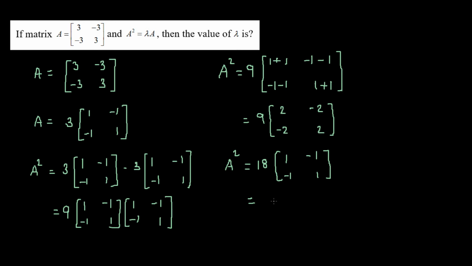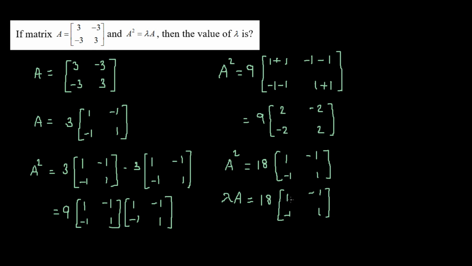Okay. Now it's given that A squared is equal to lambda times A, which is equal to 18 times [1, -1; -1, 1]. So we have to find out the value of lambda.